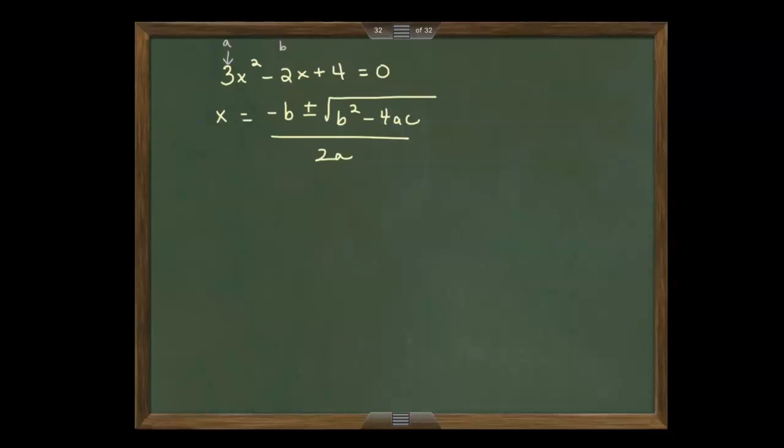So a is 3, b is negative 2, and c is 4. So we're just going to plug in. So we have the opposite of negative 2, which is a positive 2, plus or minus the square root of b squared, which is negative 2 squared, which is 4, minus 4 times a, which is 3, and c, which is 4, all over 2 times a, which is 2 times 3.